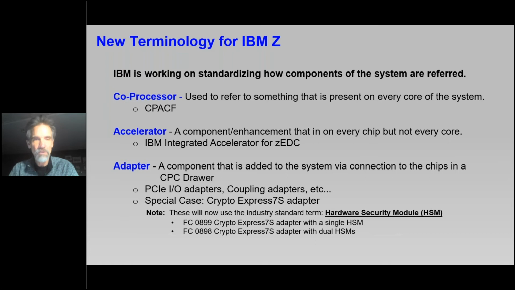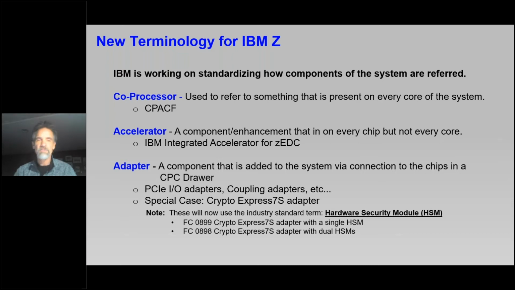It exists on every core. An accelerator is on every chip, but not necessarily on every core. An example of that would be the enterprise data compression feature. That used to exist in a PCI card. I believe Dave's going to talk about that a little bit more. But so that's an example of an accelerator. And of course, the adapters, they've been around forever, FICON, coupling adapters and things like that.